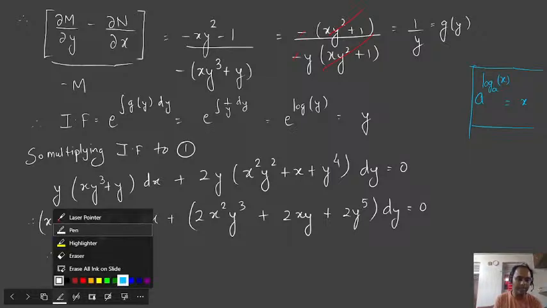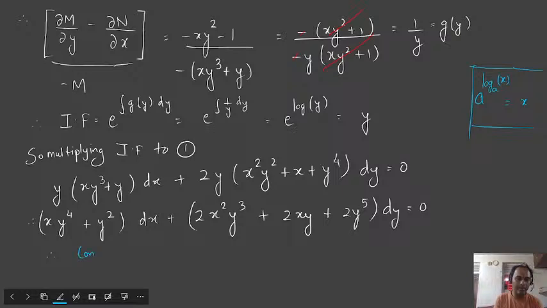So we compare with M1 dx plus N1 dy equals to 0. So what do we get as M1?